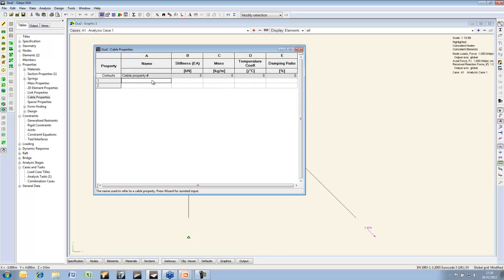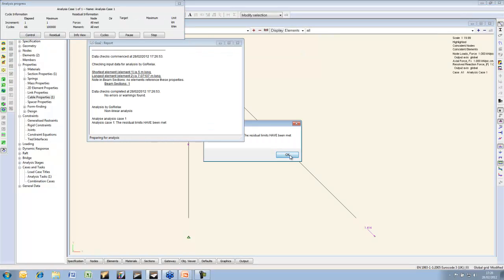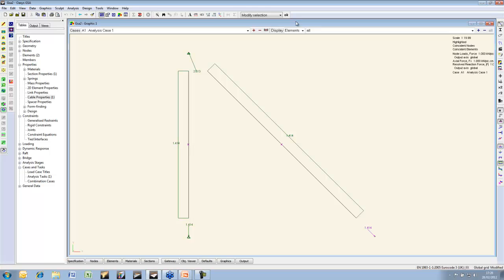Now, let's give some property to this, and when we run the analysis, you can see that the axial load is the same as the applied load, but it goes round the corner and down to this support point down here, whereas this point now has a much larger reaction. Nodal points on cables are essentially like pulleys.